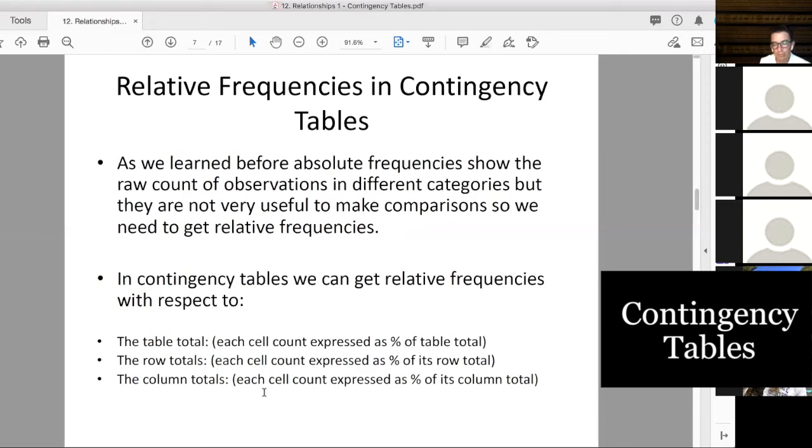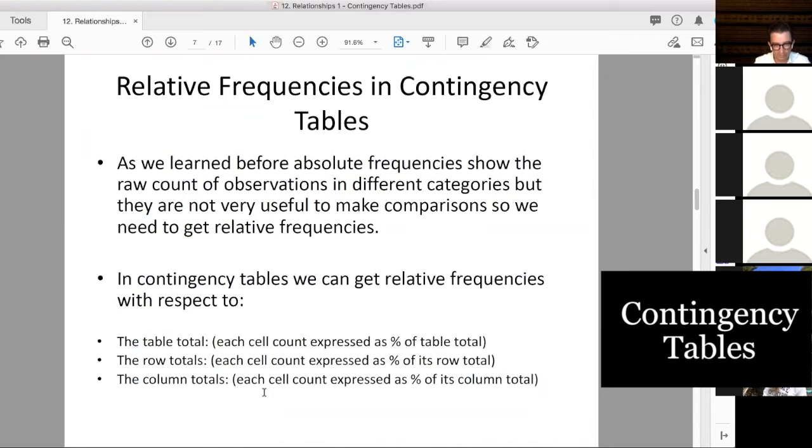Right? Now, when we were doing a frequency distribution, the relative frequencies were simple because they were just one variable. But now that we have a cross tab, we have many other options available to us, right? Because we can express the values as percent of all respondents that answered both questions, right?